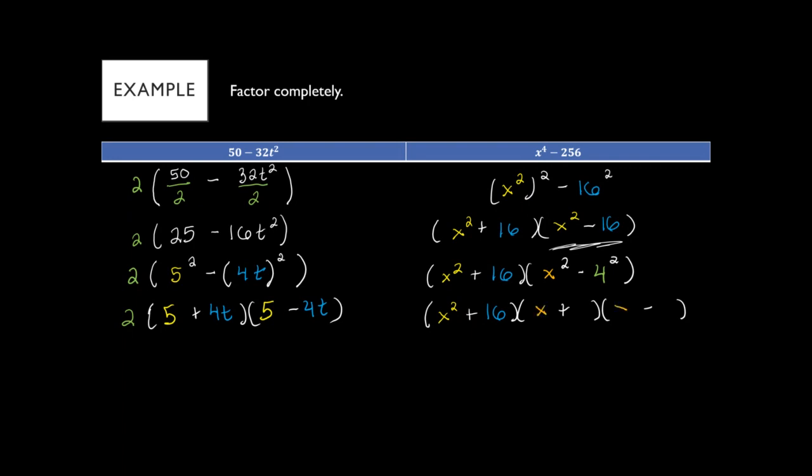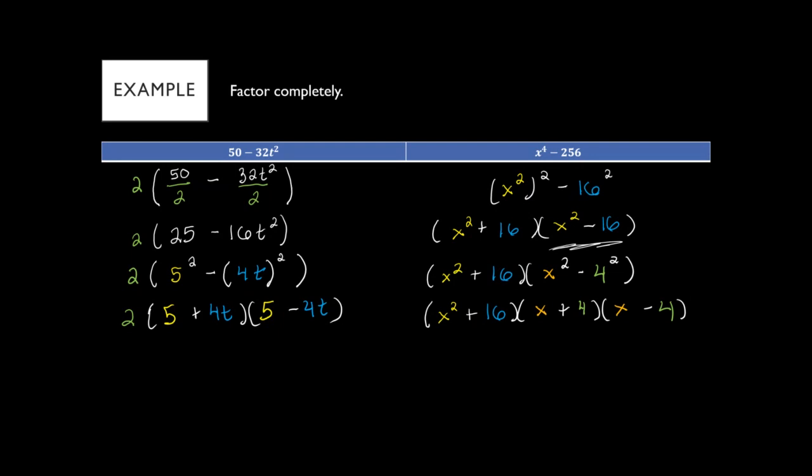And so in this case, we have x in front, and then 4 in the front and the back. So we end up with x squared plus 16 times x plus 4 times x minus 4. And we can't go any further.